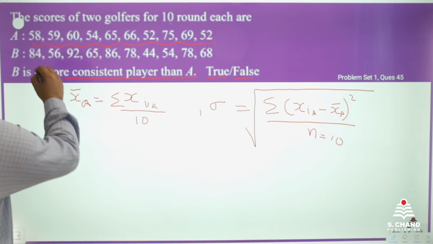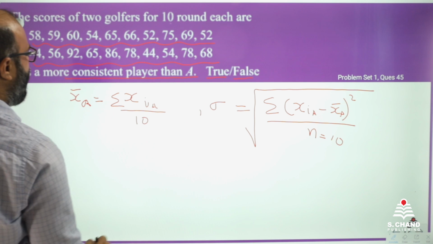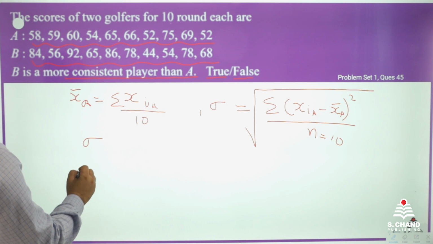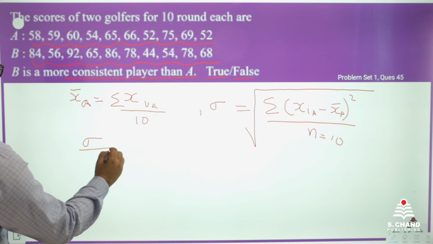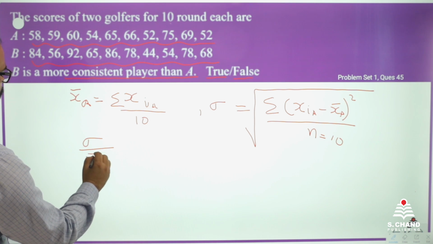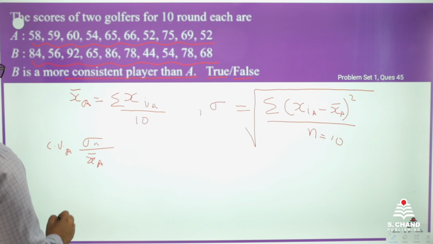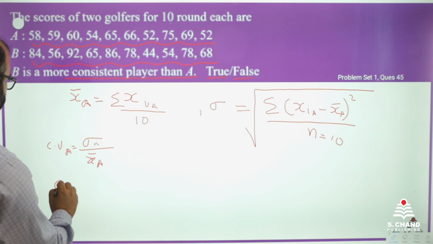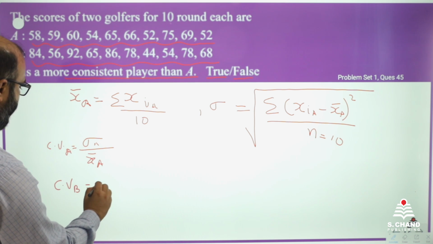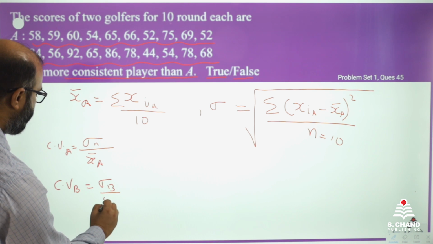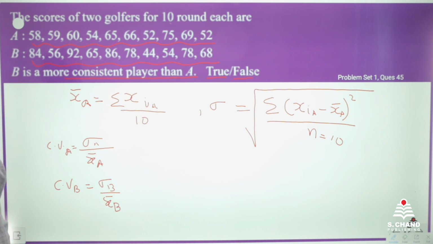Similarly you will do it for B, and what you have to check is the coefficient of variation, that is standard deviation by mean. You have to find the coefficient of variation of A and the coefficient of variation of B. When you do this, you will check which is more.